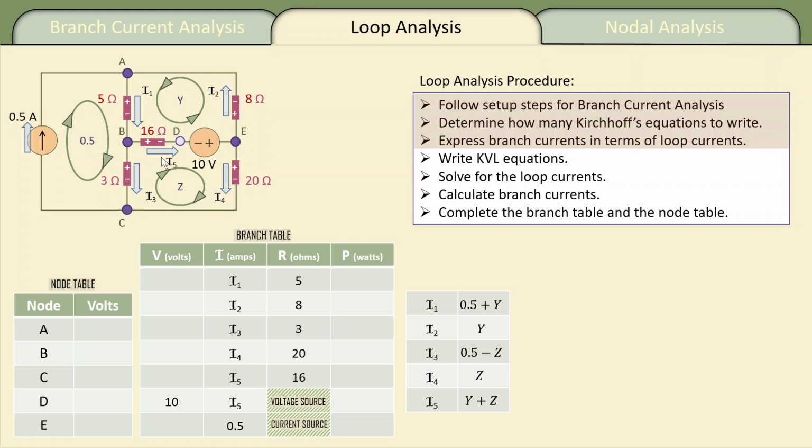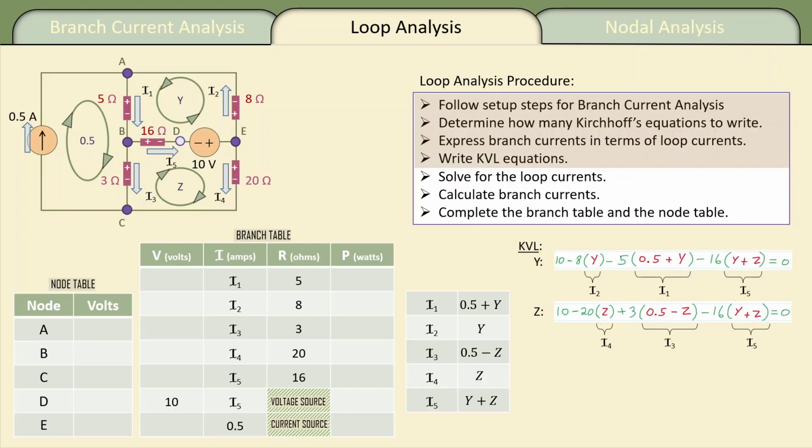But Z through the 3 ohms is coming up. So it's a half minus Z. And you can convince yourself of these other linear combinations that give branch currents in terms of loop currents.